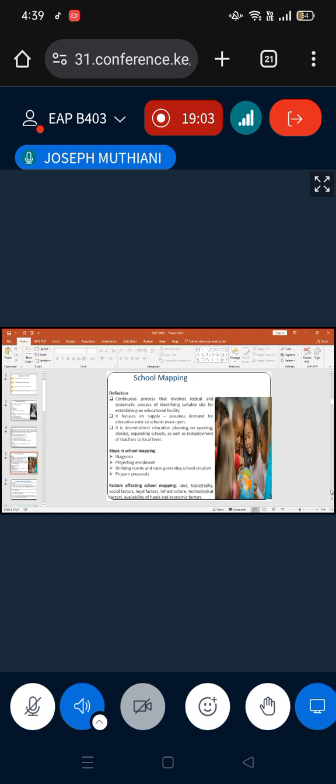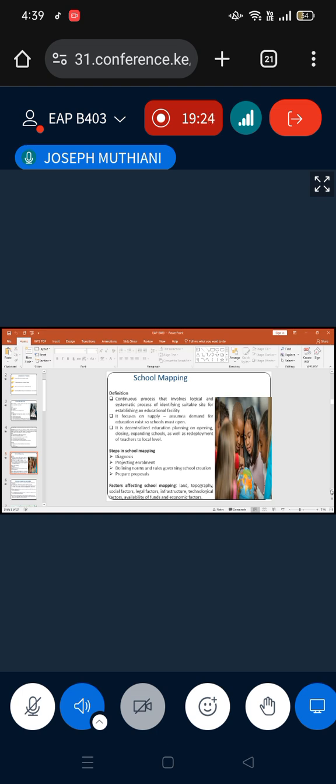Then other minor factors include infrastructure. You need good infrastructure and technology, especially when it comes to accessibility to the place where you want to put up a school. Is it accessible? Is it connected to electricity? Is it connected to reliable internet?